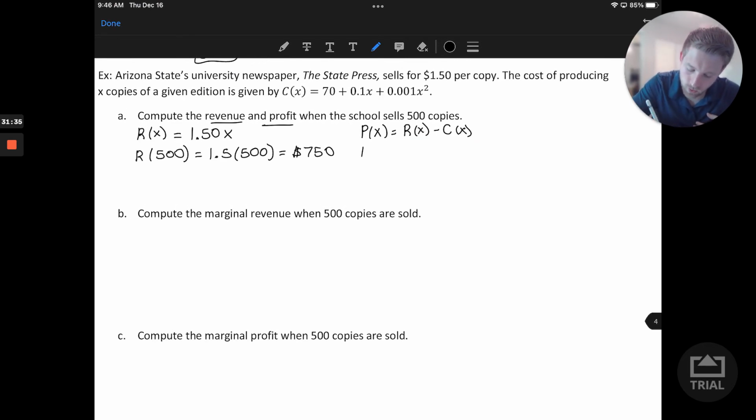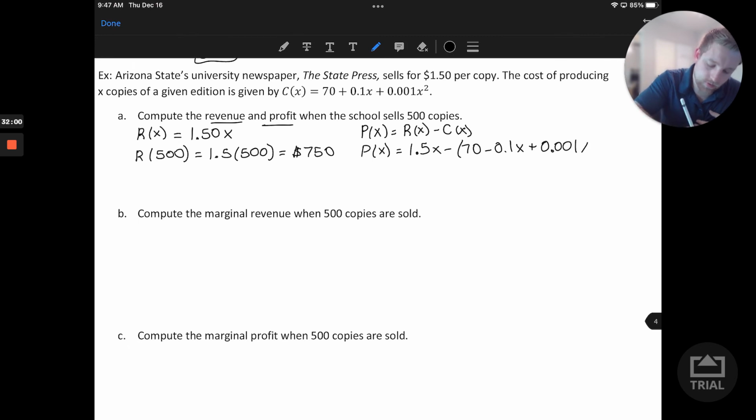So we knew our revenue function is just 1.5 times X minus our costs, which are given above. So we have 70 minus 0.1x plus 0.001 x squared.